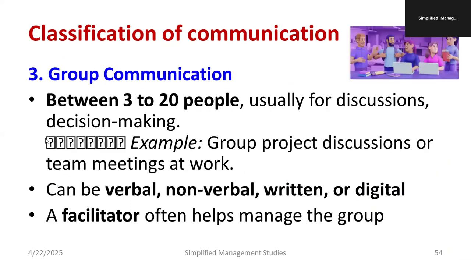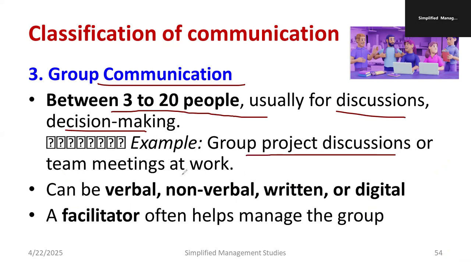So moving on to the third one, that is called group communication. The communication between 3 to 20 people comes under group communication. Group communication belongs to discussions, decision making, etc. Can you tell me one example? There is a group project discussion or team meeting at work.